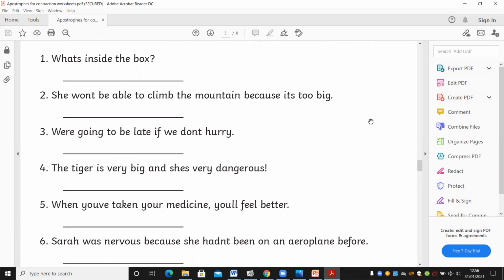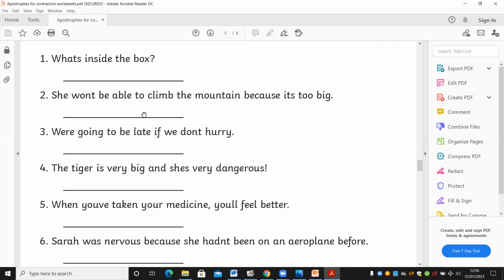Now, not all the words will have a missing apostrophe, so always remember, could you change the contracted form or the expanded form, and would the sentence still make sense? And then finally, if you still have time and would really like to practice the use of apostrophes for contraction further, you can choose the contractions that perhaps you are least familiar with or you find most difficult, and then use them in your own sentences, children.